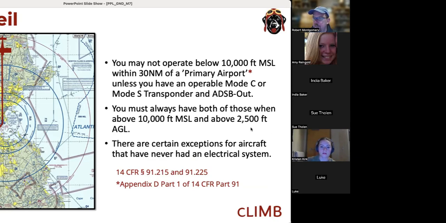The only exception to that is if you're still within 2,500 feet of the ground, you can get away without it. I'm not aware of any case in the world where you're within a Mode C veil above 10,000 feet MSL and less than 2,500 feet above the ground. And if you're going to do that, you might as well have a transponder anyways. Okay. So something to be aware of, but just keep in mind, that's what that little red line means, is that you have to have the transponder in the Mode C and the ADS-B out. Okay.